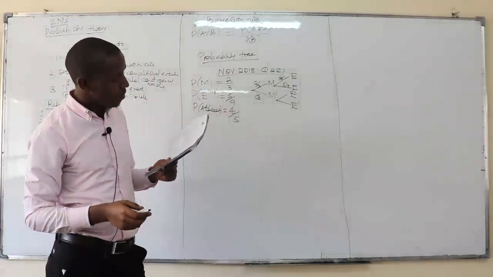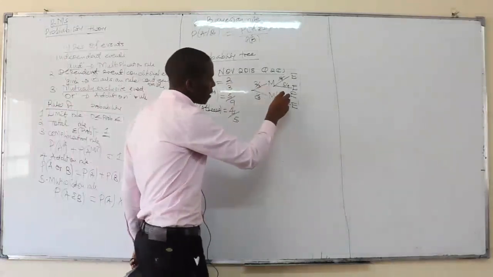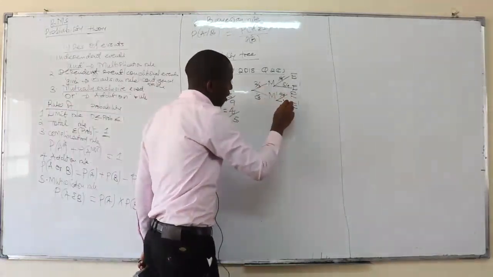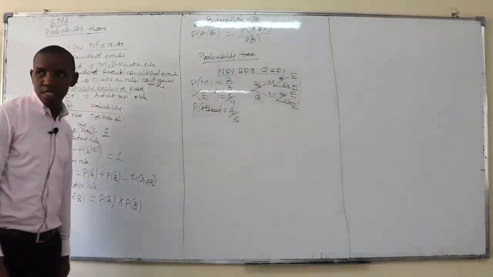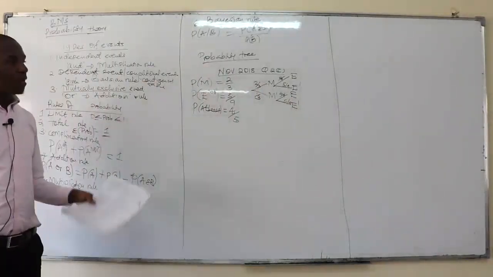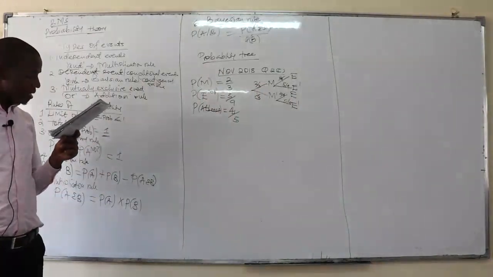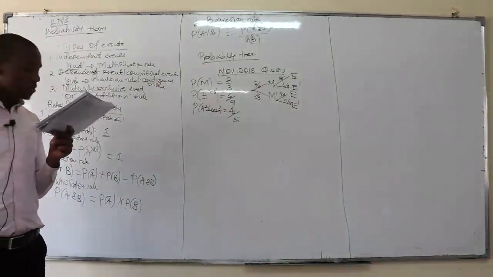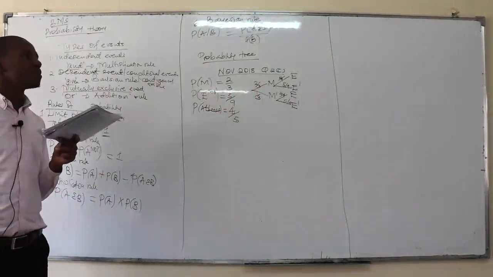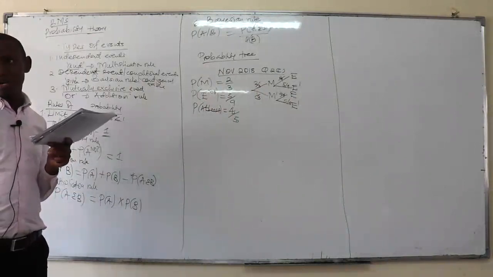And then the other one is, if he fails mathematics, this will remain 4 over 9, and also 5 over 9. Now, the probability that he will pass at least one examination is 4 over 5. At least one examination.